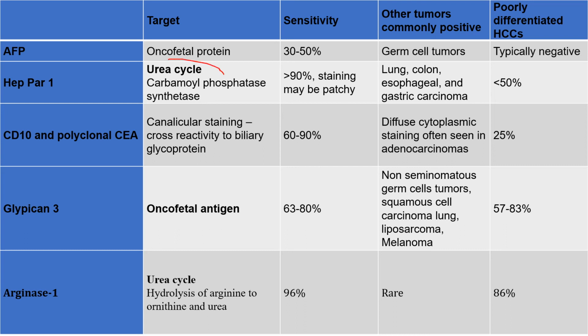One is many of these markers are part of either the urea cycle, obviously the liver has a big role to play in the urea cycle, or, as you'll see, are oncofetoproteins. None of them, in fact, I would venture to say that none of them are 100% specific, but your best markers out there are Arginase, and not on this table, albumin. So your go-to markers really should be Arginase, and if you can afford it and your lab has it, albumin.